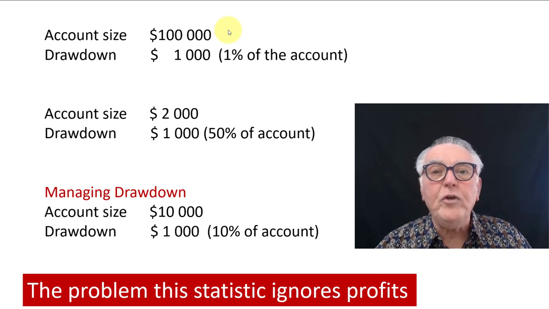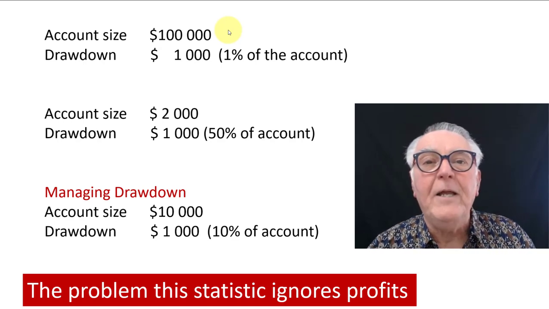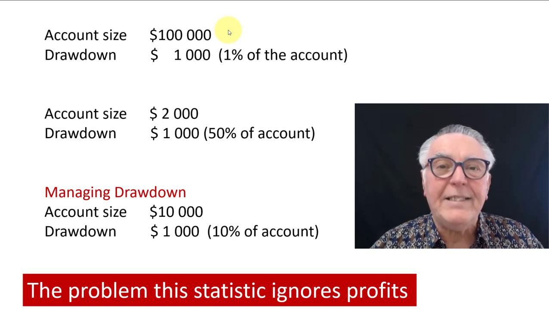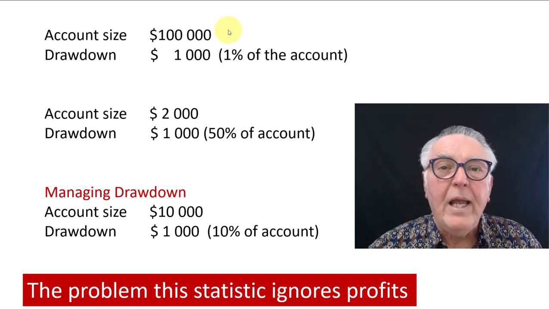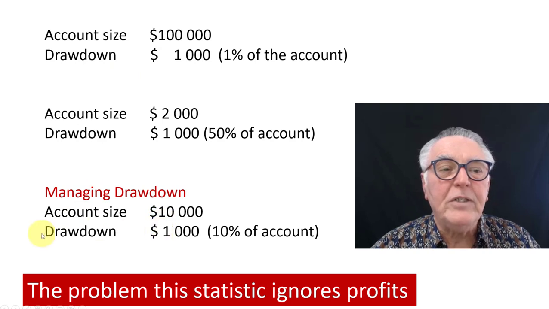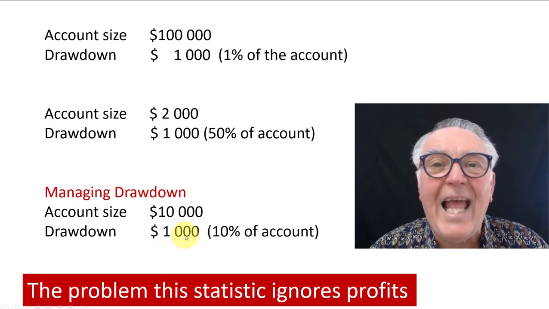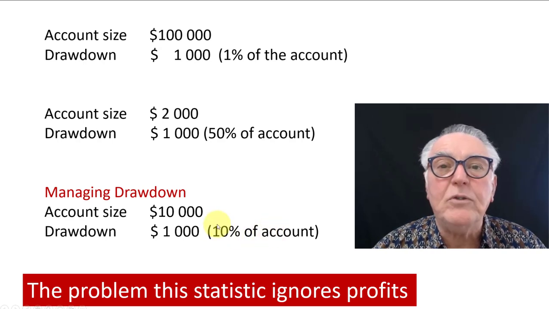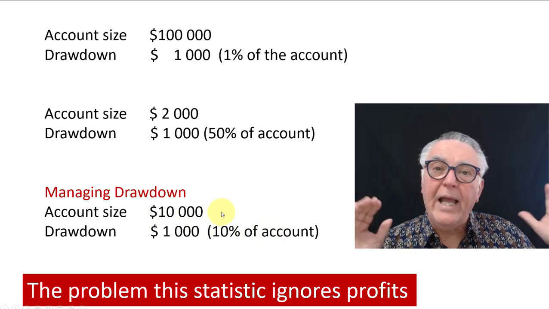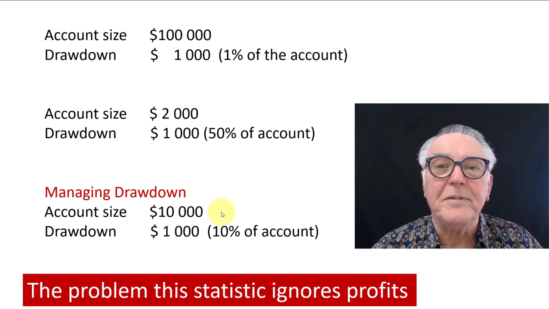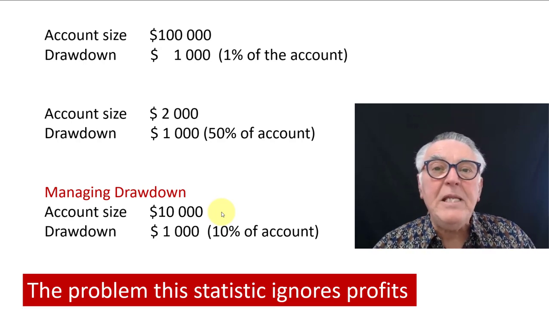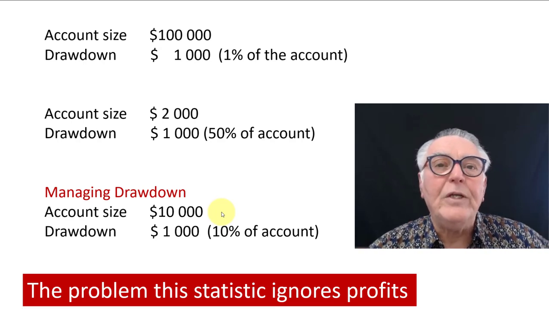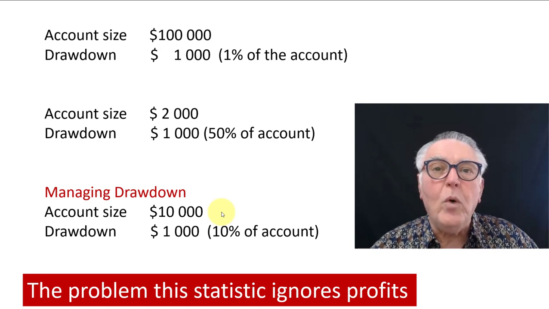So how do you manage the drawdown? Let's say you are happy with a 10% drawdown, and that's how you manage it. You say, all right, the drawdown is $1,000. Therefore, if I'm happy with a 10% drawdown, I can have a $10,000 account. That's what I mean by manipulating the drawdown percentage to your needs.